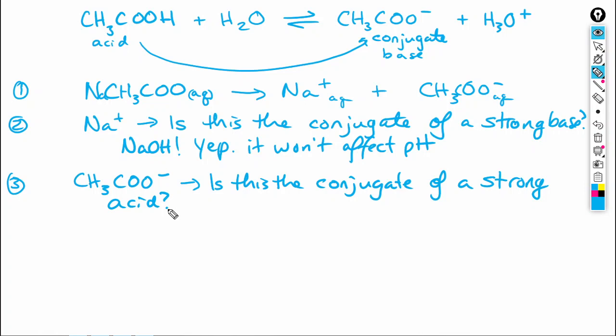Well, take a second and think about this. This is a base. What would its conjugate acid be? Acetic acid. Is that a strong acid? It's not a strong acid. So the conjugate will affect pH.